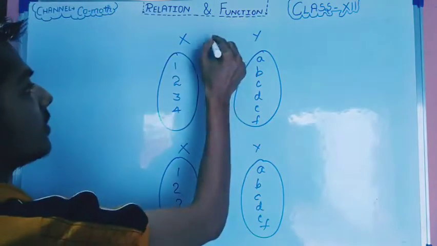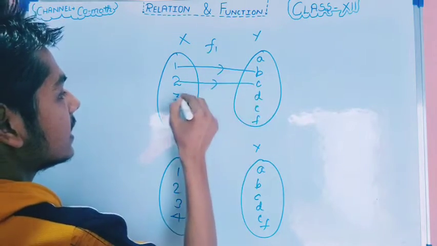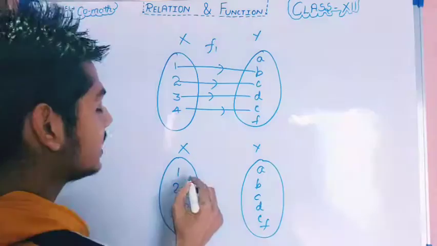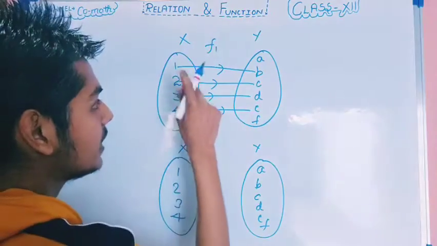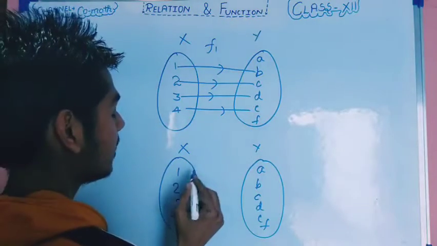Now under function f1, all the elements of the domain x are related to different elements. It means the image of every different element 1 2 3 4 is different, b c d e respectively.